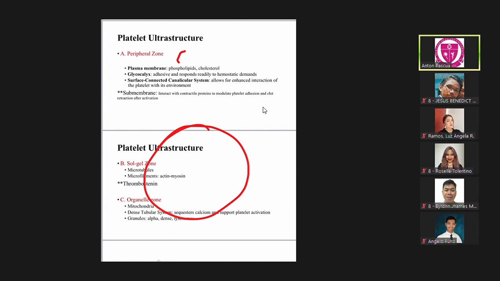When should we activate your platelets then? Kapag nagbi-bleed ka, right? Kapag meron kang injury. Tama? Pero kung wala, as the platelets circulate right now in your body, they are inactive. So through this phospholipid layer, through this bilayer, later on, it will support platelet activation.